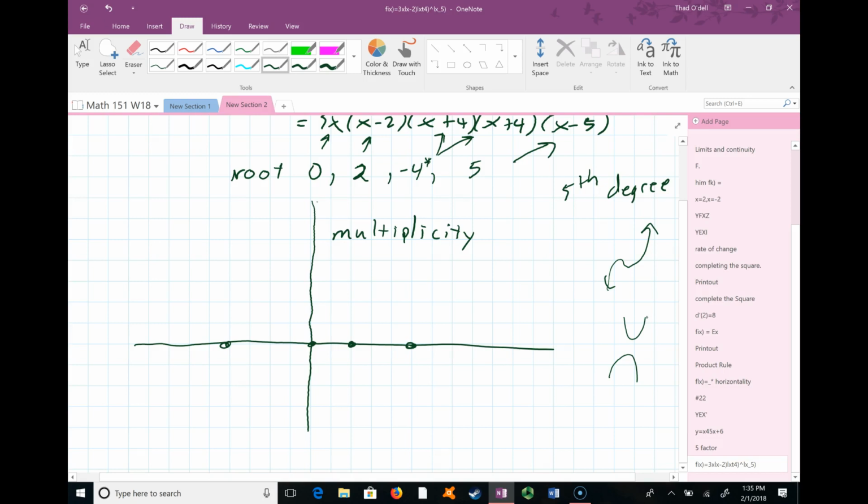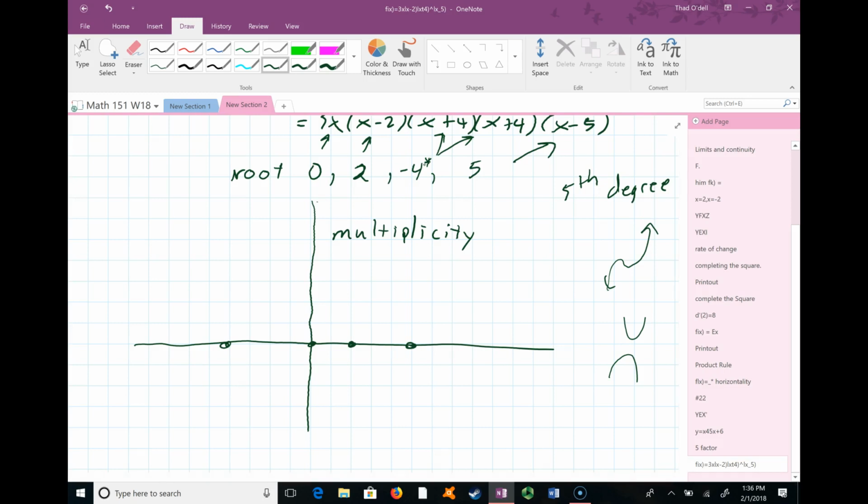So the idea is if you have a multiplicity of 2, the graph actually, in a sense, bounces off of the x-axis instead of going right through it. So these all have a multiplicity of 1, which means they behave kind of like a linear equation. That would be a first degree polynomial at the x-intercept. This has a multiplicity of 2, so it behaves kind of like a parabola at the x-intercept.